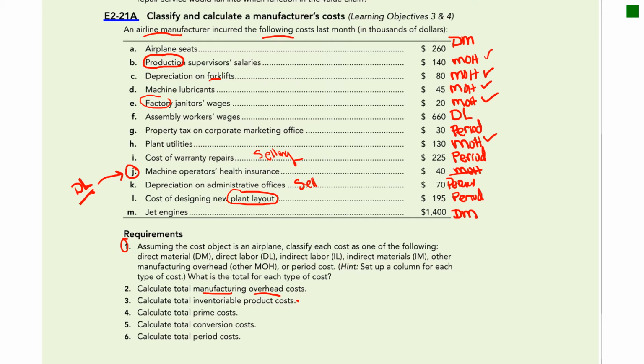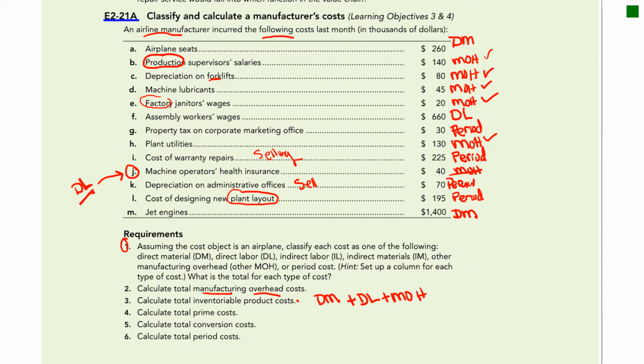Well, that's basically everything here except the period cost. So basically, you would add them all up, and the only ones you don't want to include are the period costs because those aren't product cost. Your direct material plus direct labor plus all your overhead is all of your product cost. So I'm just going to make a note, just add up direct materials plus direct labor plus your manufacturing overhead, and that's going to equal your total product cost.